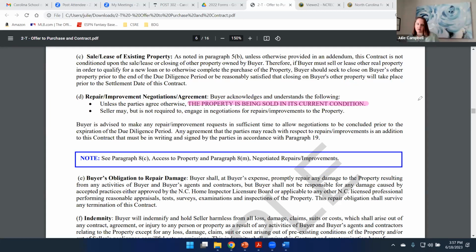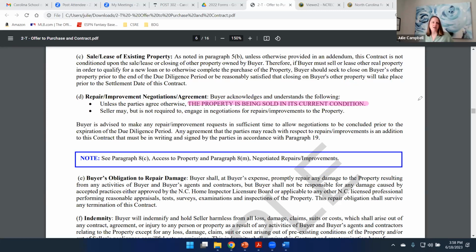And that form will allow us to amend that sentence. Seller may, but is not required to engage in negotiations for repairs, improvements to the property. The buyer can always ask. The worst thing that can happen is a seller can say no. The seller can't terminate because the buyer asks.